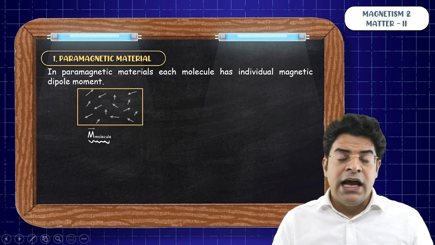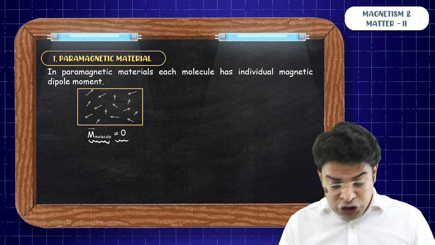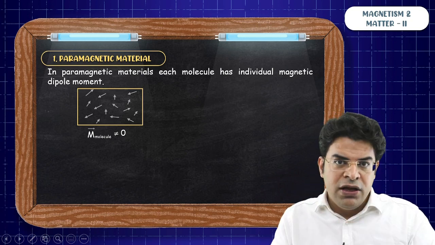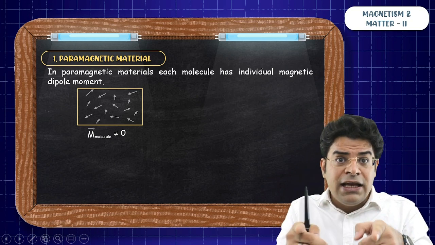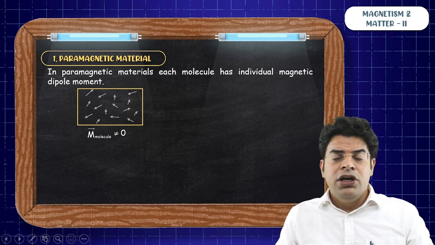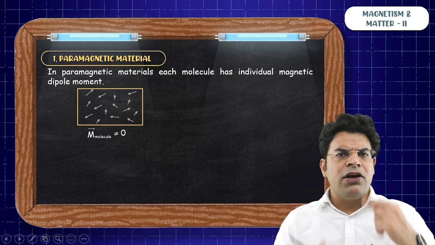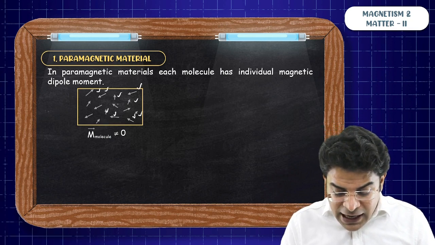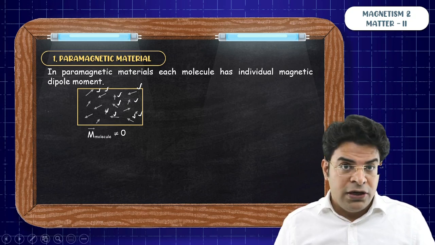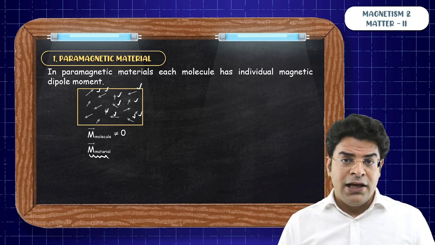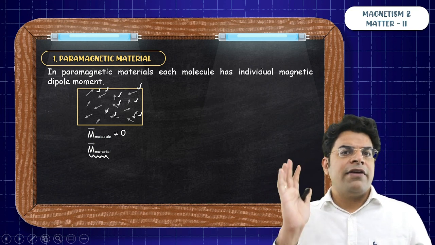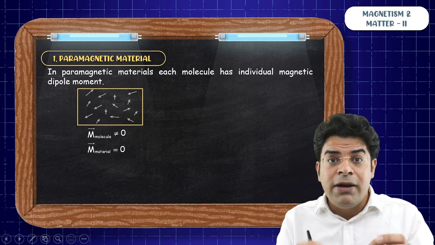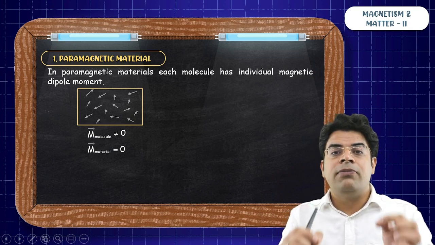You will say yes, it is non-zero. But if I give you a crystal of paramagnetic material and ask you, does this material have a net magnetic dipole moment? You will say, sir, magnetic dipole moment is a vector quantity. All these magnetic dipole moments point in random directions and they end up cancelling each other. So the magnetic moment of the material in the absence of an external magnetic field comes out to be 0. The material does not have a net magnetic moment, though each and every molecule has some magnetic moment.